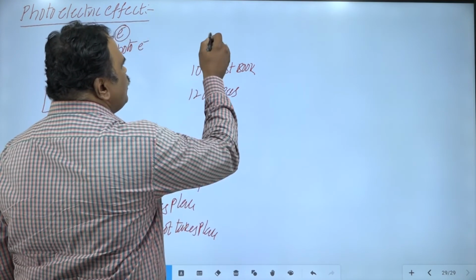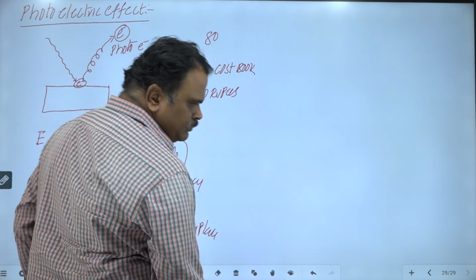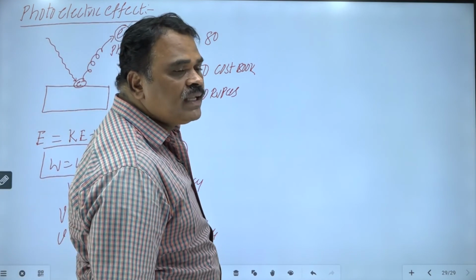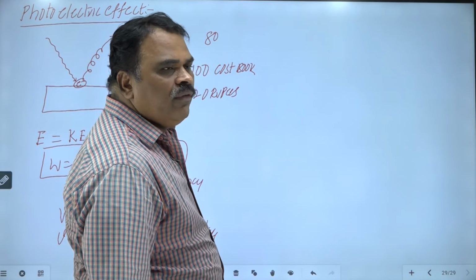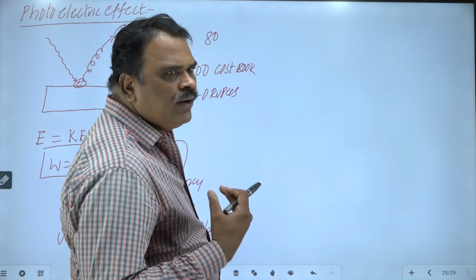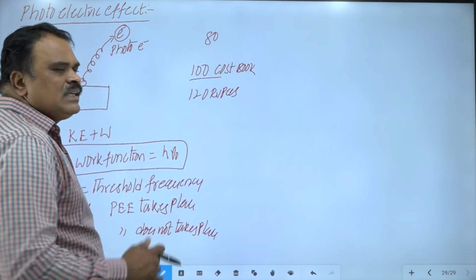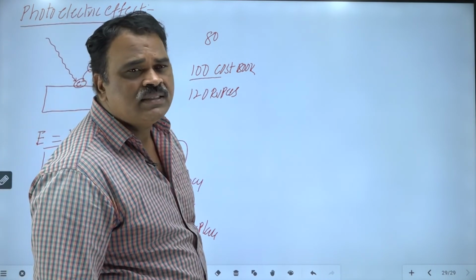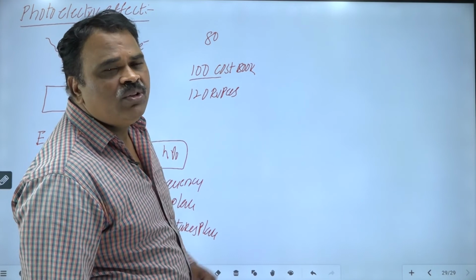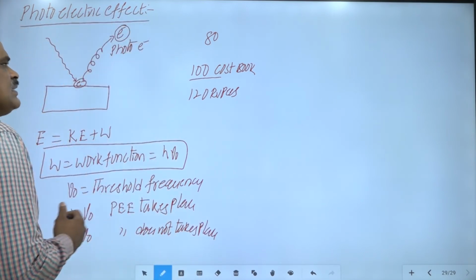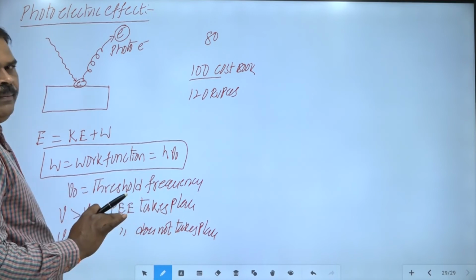Out of 100, but actually we have 80 rupees only. With 80 rupees only, we are unable to buy the book because the cost of the book is more when compared with the amount we have. Suppose the cost of the book is 100 and we have 100 only.